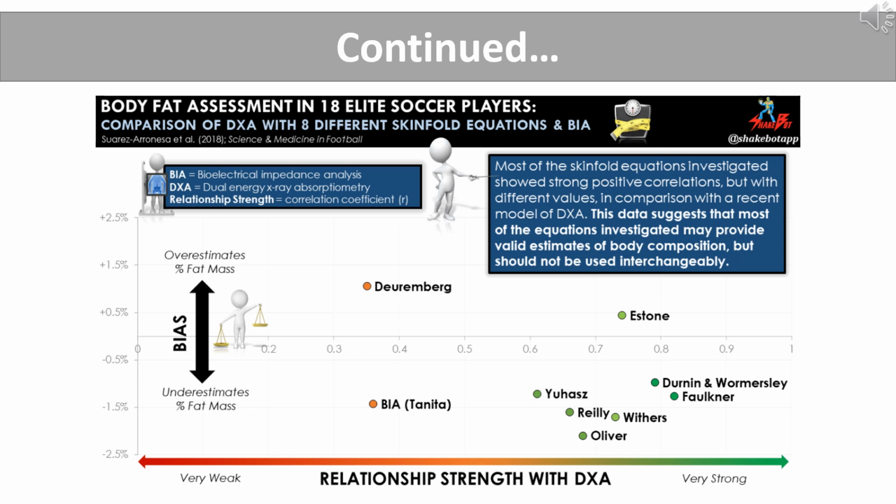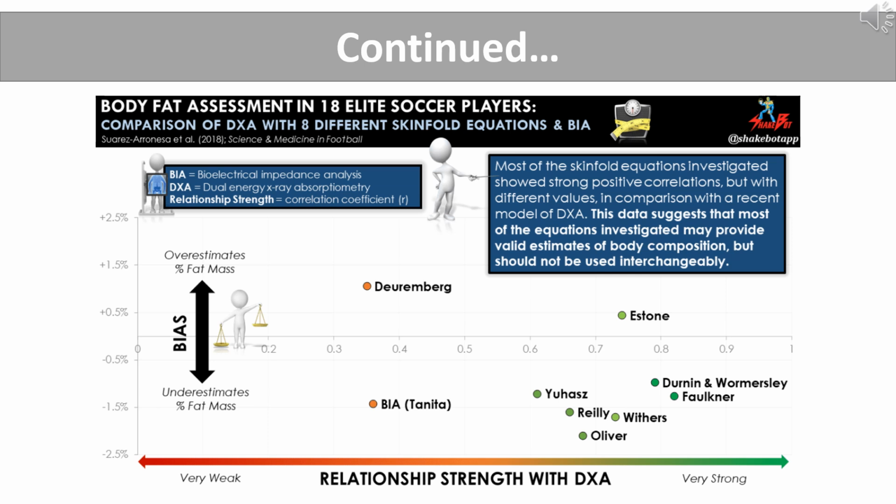However, there is a distinct difference between some of these equations and how strongly they're associated with the DEXA. You can see that Durnin only has a relationship of around 0.34, 0.35, whereas Faulkner and Durnin and Womersley, their relationship is around 0.8, or just over or just under.